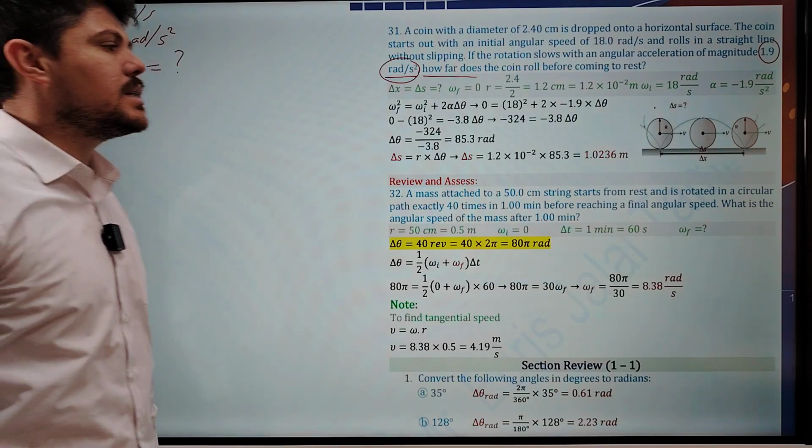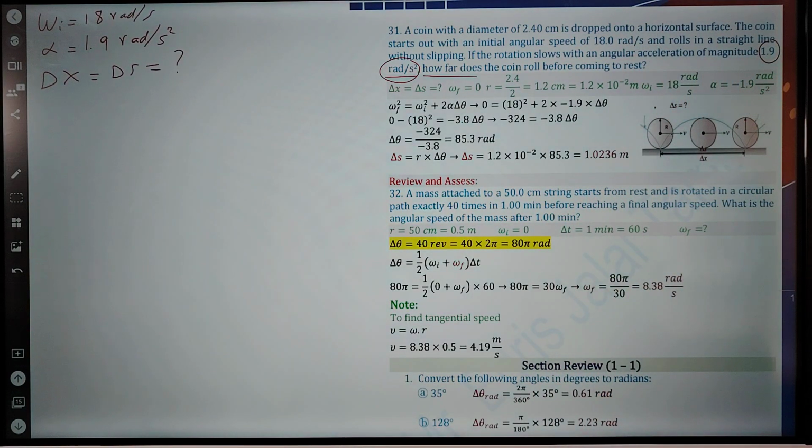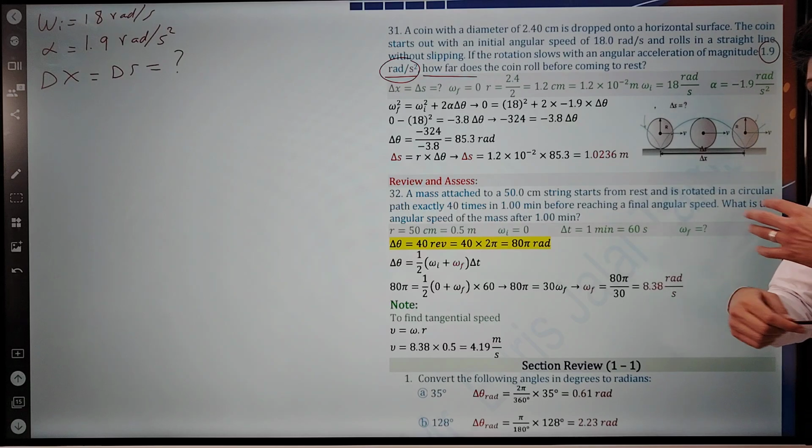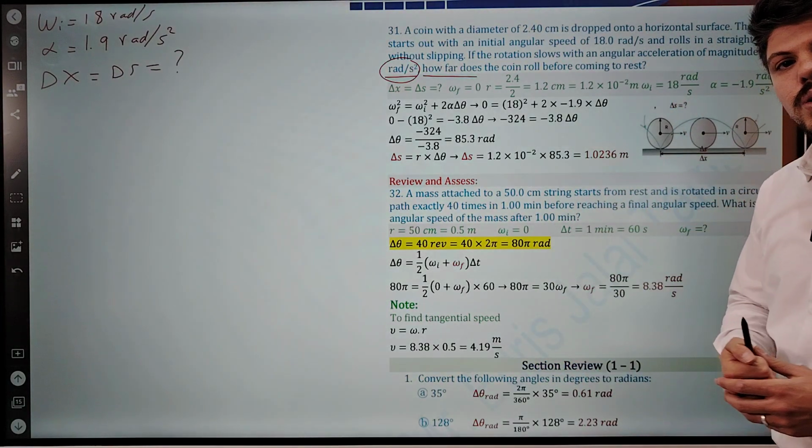In that case, delta x has the same value as delta S, the arc length. More arc length is equal to more displacement by the coin.